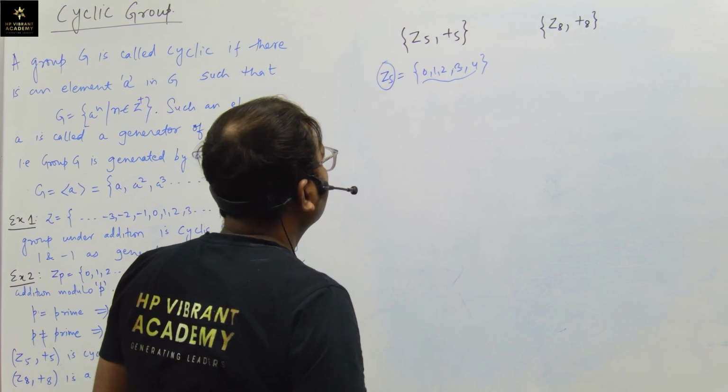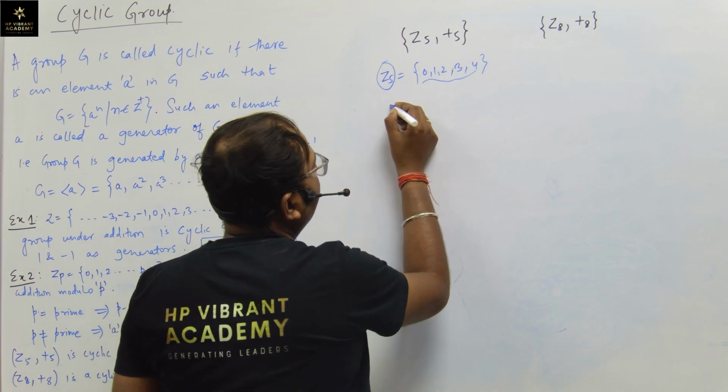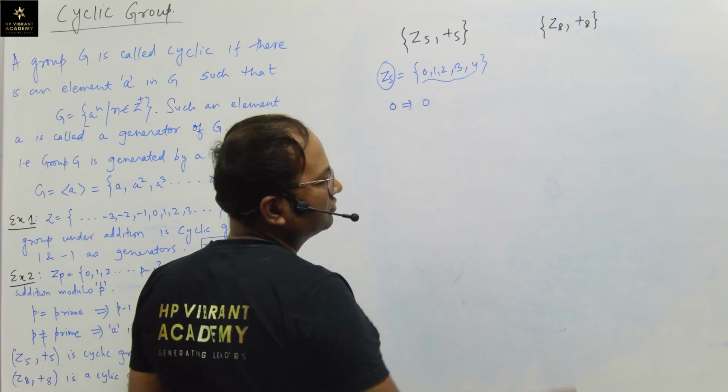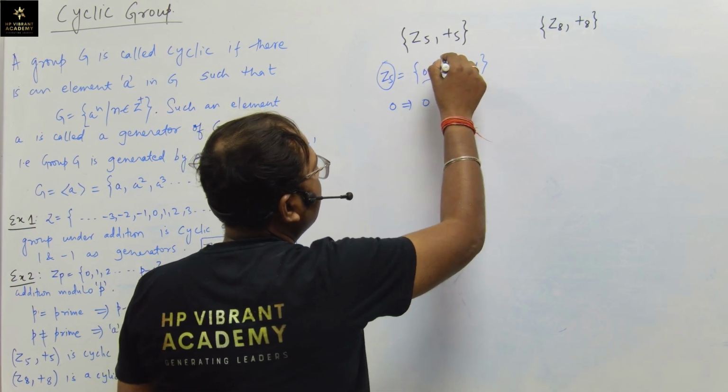Let us try to generate Z5 with these elements. If we operate 0 any number of times, it results in 0. It will not generate any of these elements.